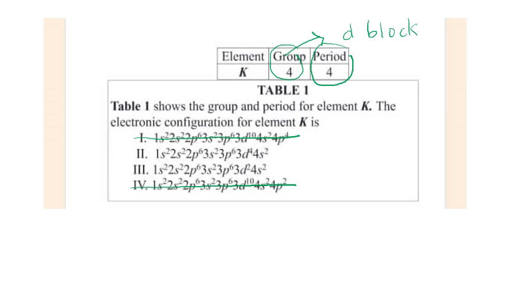So both 2 and 3 are possible. Group 4 means that they have 4 valence electrons, where 2 will be from the s orbital and another 2 will be from the d orbital. So the answer will be number 3.